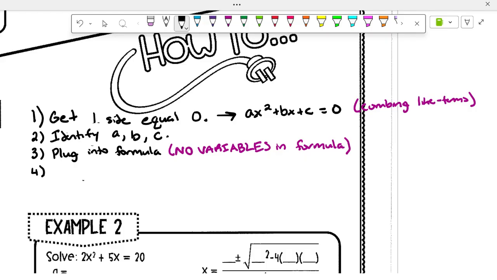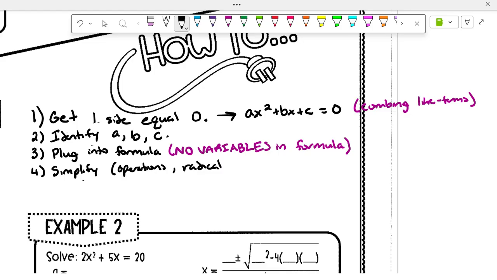Step 4, simplify wherever needed. That can be any operations, so squaring things, making things negative, multiplying, adding and subtracting. That could also mean simplifying the radical.